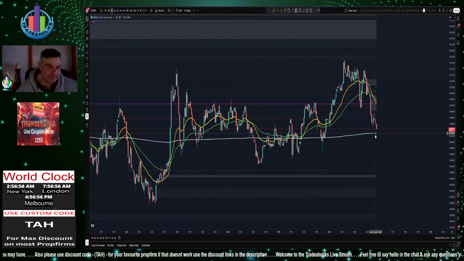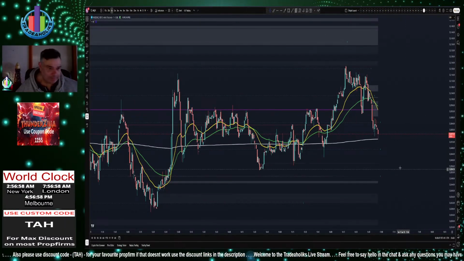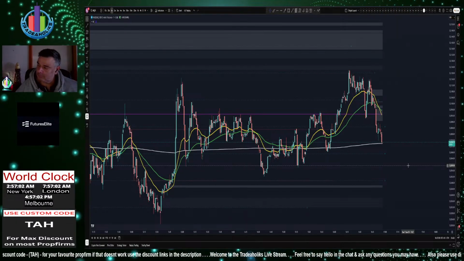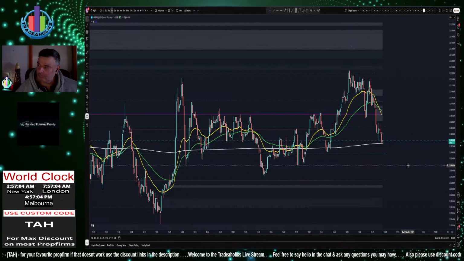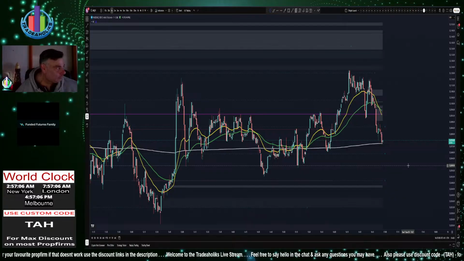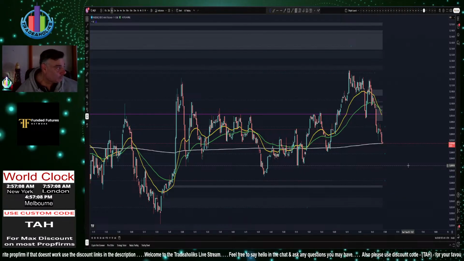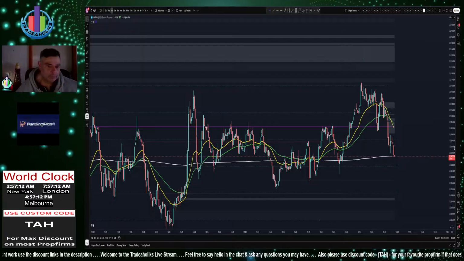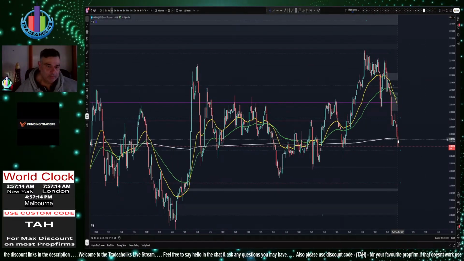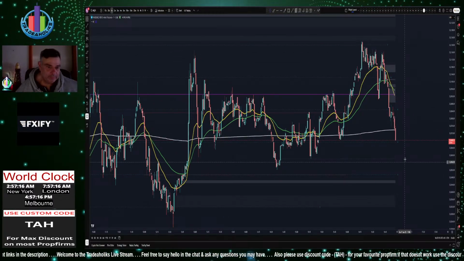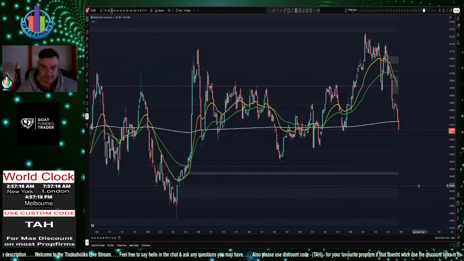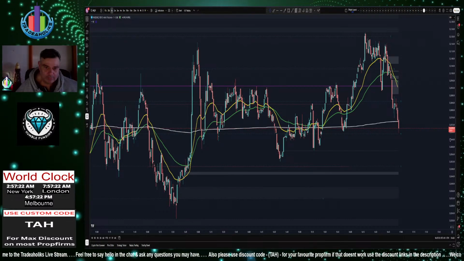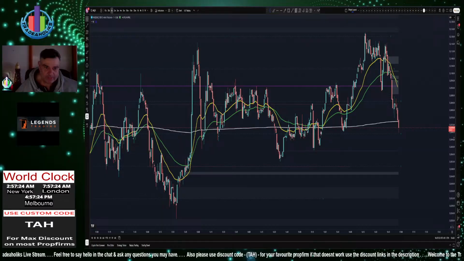It's the VWAP here, heading into it. Breaking through it now, pushing further down. Going to the 70 mark.